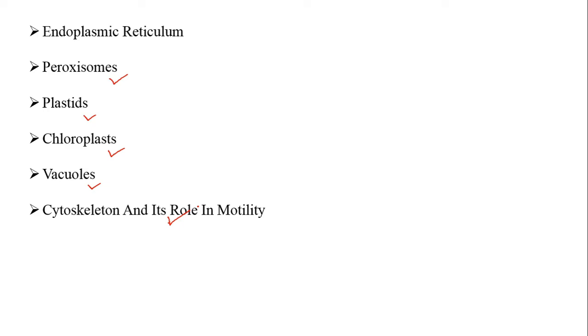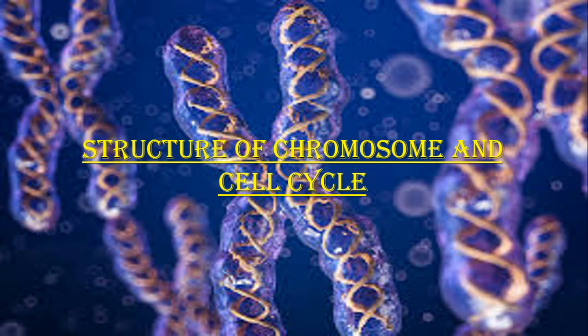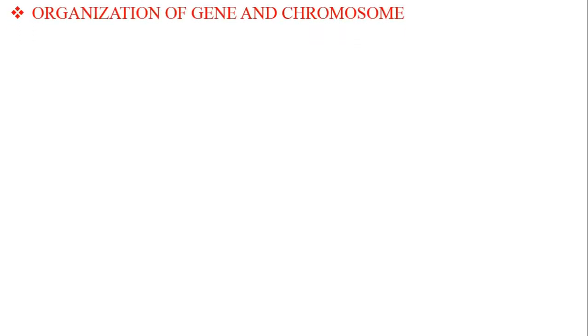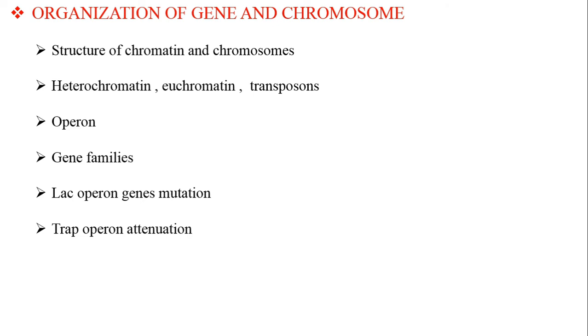Now we will proceed to our next topic, that is structure of chromosome and cell cycle. At first, you have to go through organization of gene and chromosome, which consists of structure of chromatin and chromosomes.